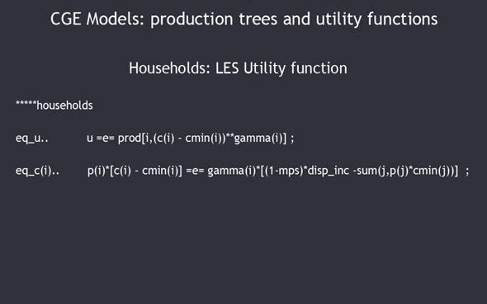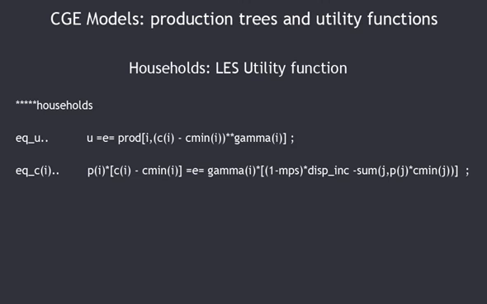And there is another equation: Pi times the difference between Ci and Cmean in sector i must be equal to gamma times (1 minus MPS) times DISP_INC minus the sum over j of Pj times Cmean in sector j.